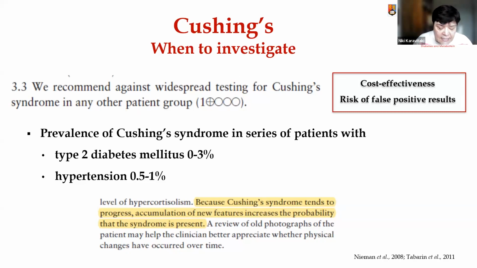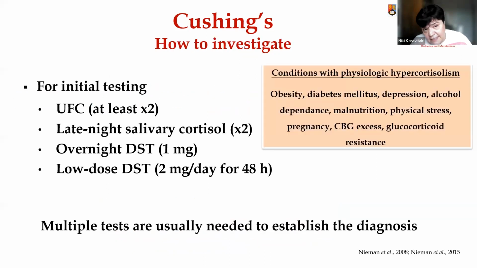So in these cases, it is worth waiting a little bit instead of rushing into investigations and further problems. And of course, looking at old photographs of the patient may help us understand if physical changes have happened over time. So that's about when to investigate.